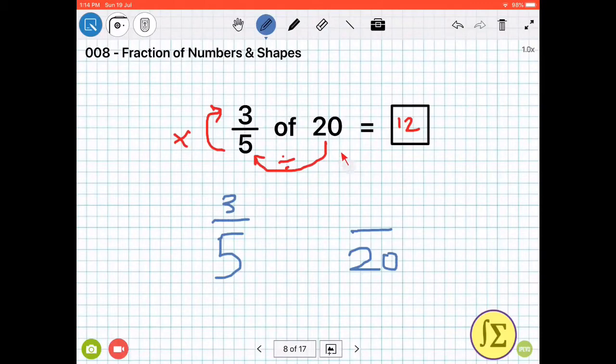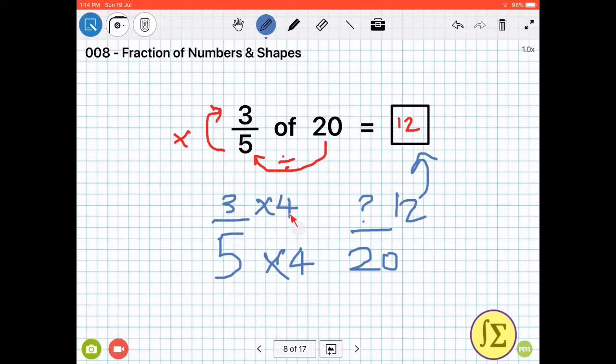So thus, the question mark here will be the answer to our problem. So you look at 5 and 20, you know the relationship is 5 multiplied by 4, you get 20, and similarly you have to multiply the numerator by 4 since they are equivalent fractions. 3 multiplied by 4, you get 12, right? And that's the answer. Simple.